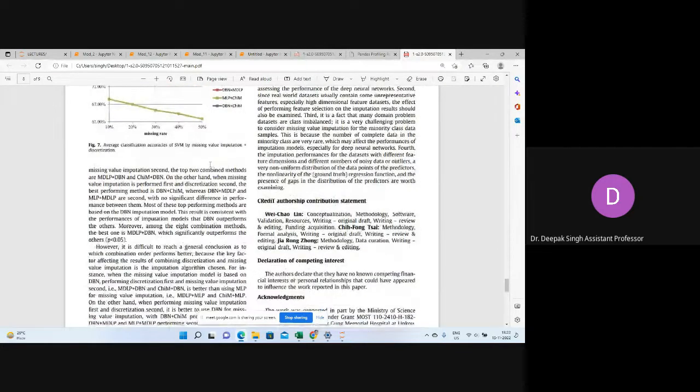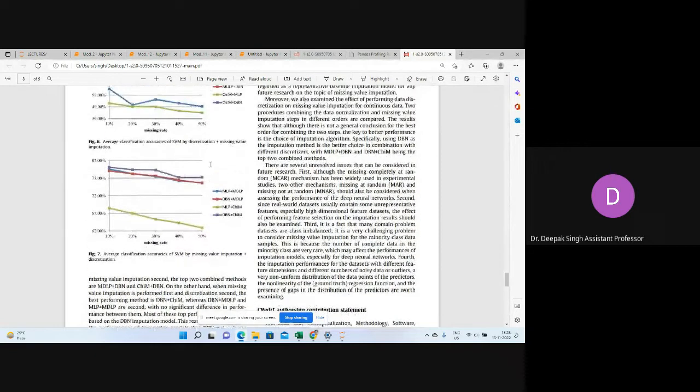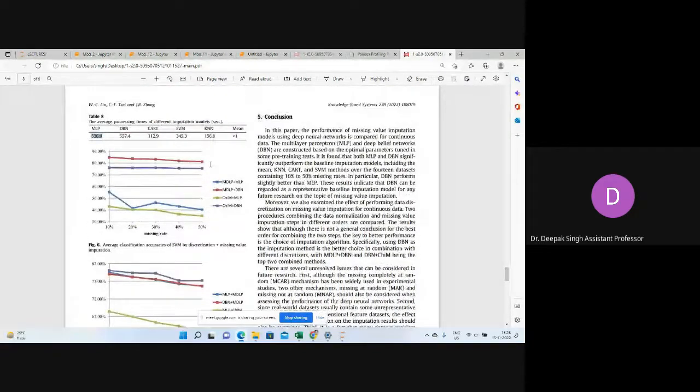Then what is the average classification accuracy of SVM? In fact, the same experiment is done with discretization also. For the rest, I would request you all to go through this paper. I just gave very abstract information, an initial view of this paper.